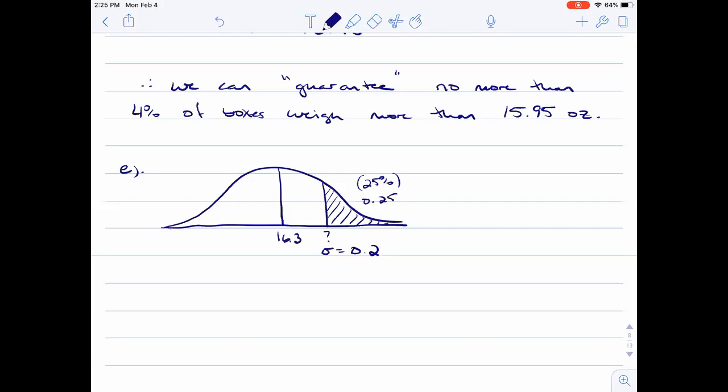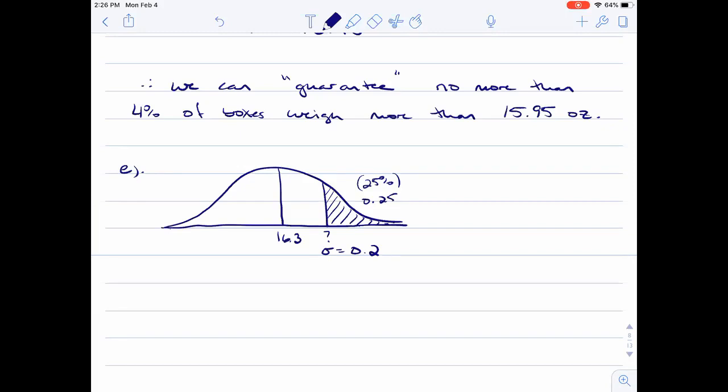Same situation. This value is the cutoff for the top 25%, but also the lowest 75%. So you're going to use that fact because the table only gives you the areas to the left. And so to find your Z-score, you're going to want to find first the area to the left of that value, and then you can go to your Z table.